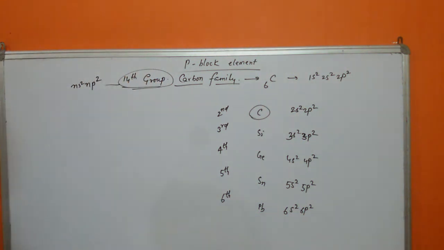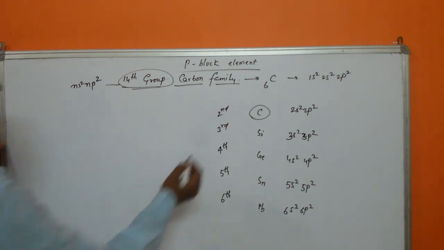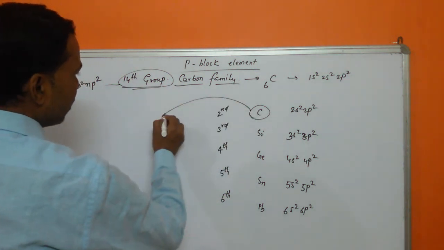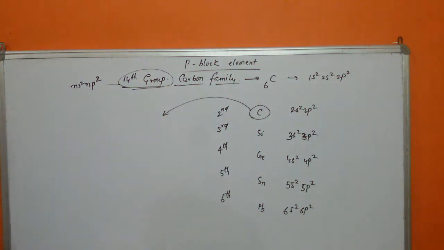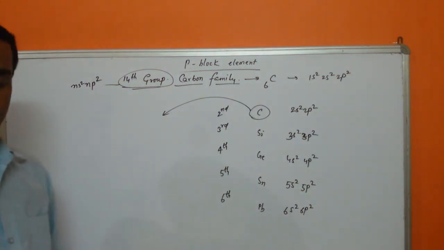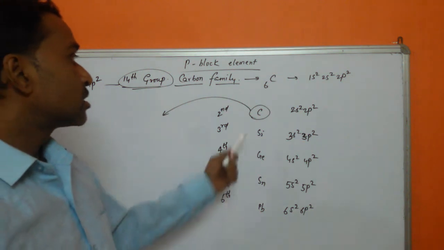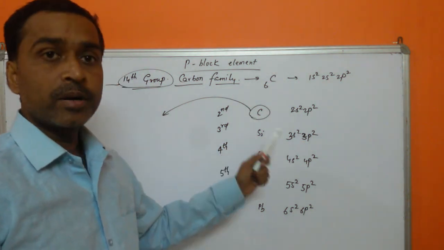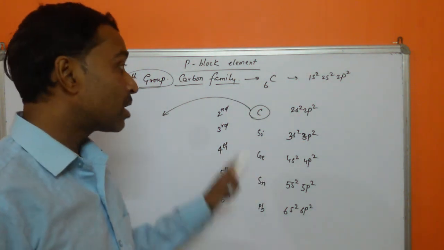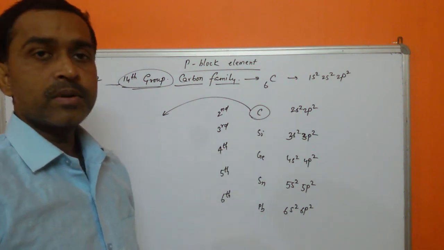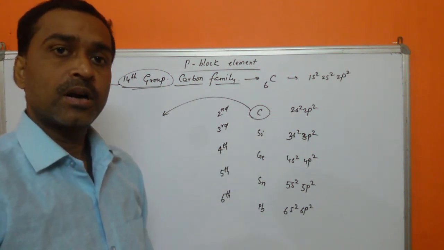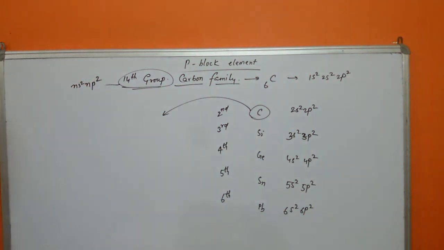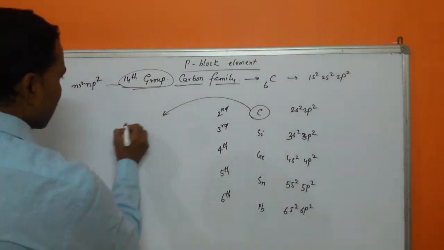Okay. Now look here. Carbon is the 17th most abundant element of the earth crust by mass, and it is found in two states.